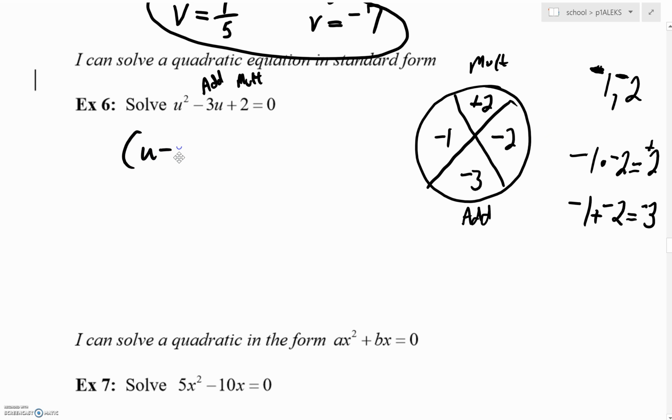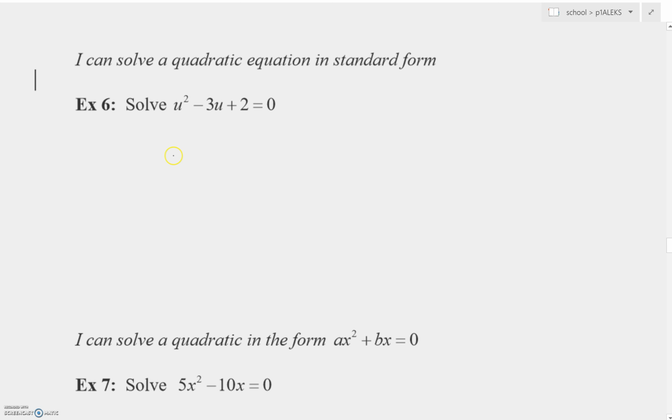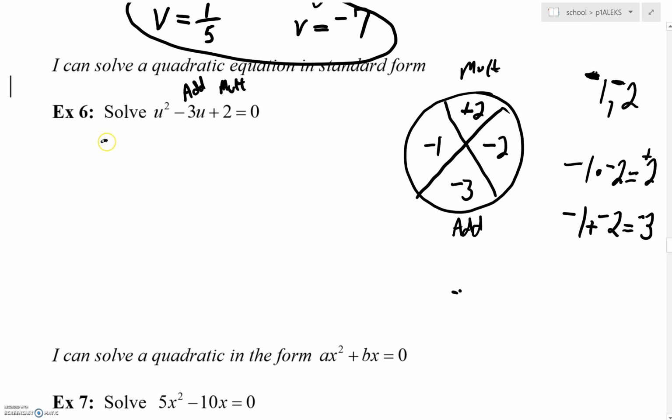So we'll have u minus 1. All right, we had a little jump there. U minus 1 and also u minus 2. Now, if you were factoring, you'd be done. You would find your two parentheses, but this is solving.